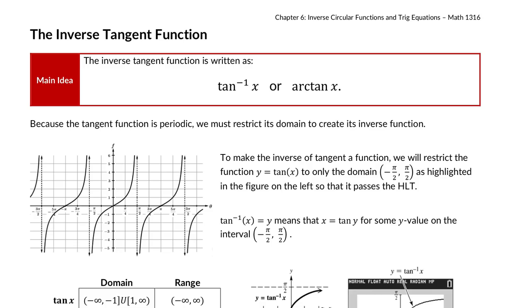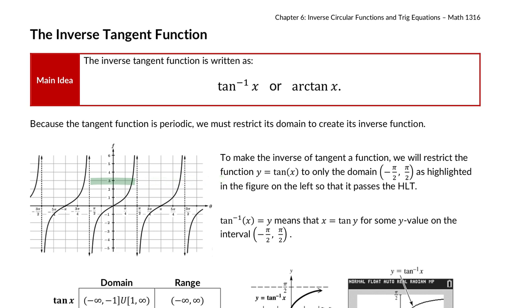The last function we have up here is the inverse tangent function. We're going to do all the similar things that we did for the other ones. Notice inverse tangent can be written tangent with a -1, inverse tangent, or arctangent. Again, because it's periodic, we have to restrict its domain. So right now, does tangent pass the horizontal line test? No. It does not, unless we do this. How about now? Does it now pass? Yeah.